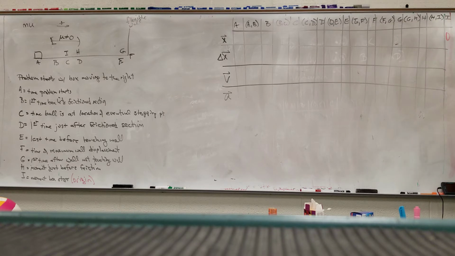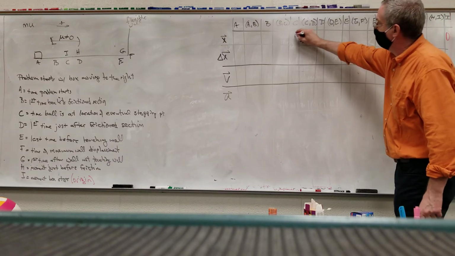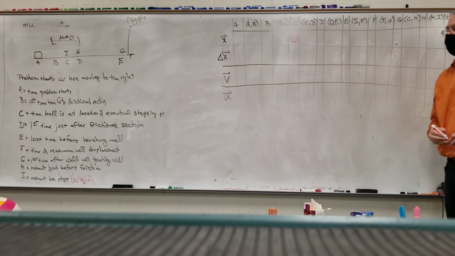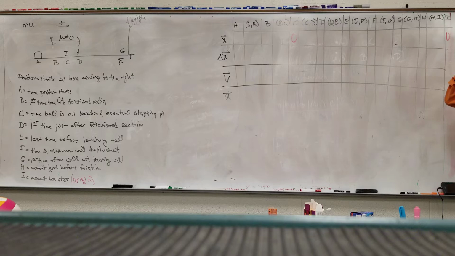Is it 0 at any other time? At C. Yes. So once we've established zeros, because you can't go from positive to negative without going through zeros, 0 is rather key here.